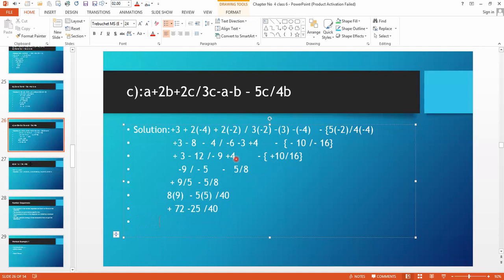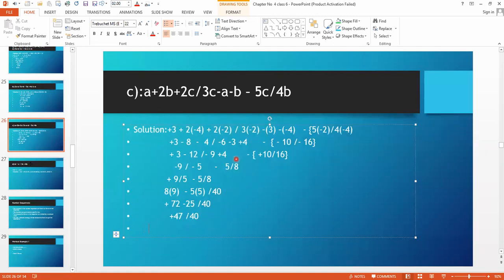I have to put it here, plus 47, and it is divided by 40. Now, first I have to put the answer here in decimal form. 47 divided by 40, and the answer is 1.175.